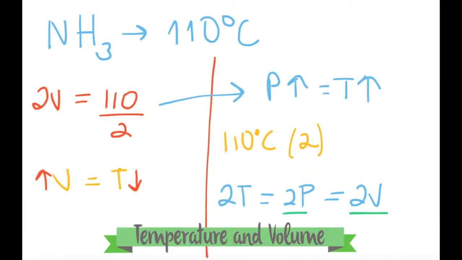Now, we cannot leave 110 degrees Celsius as Celsius because when we are working with these types of relationships, our temperature needs to be represented in Kelvin. Luckily, this conversion is very simple. All we need to do is add 273 to 110. This will give us 338 degrees Kelvin.